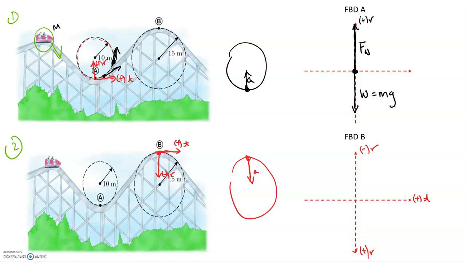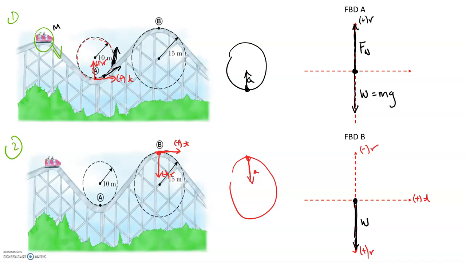We're going to start by drawing our weight force. Our weight force is going to be pointed downwards in the positive R direction. Weight force. And now, which way is the normal force pointing?